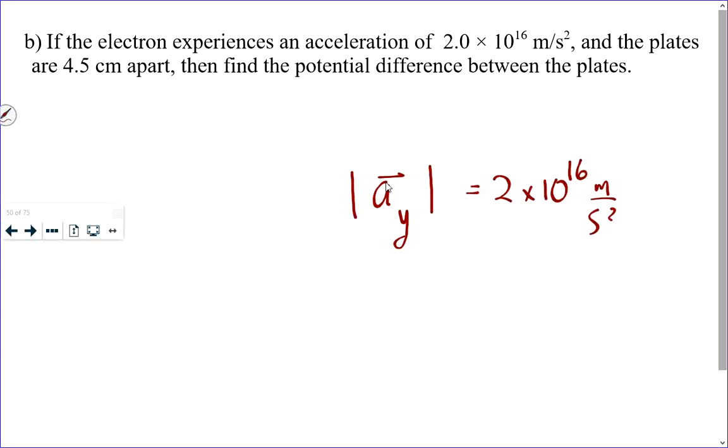This distance between the plates, which is delta d in our electricity formulas, is vertical. Right? The plates are here. The distance between the plates is 4.5 centimeters. And that means that we don't have to worry about the particle's motion horizontally. We can treat things vertically.